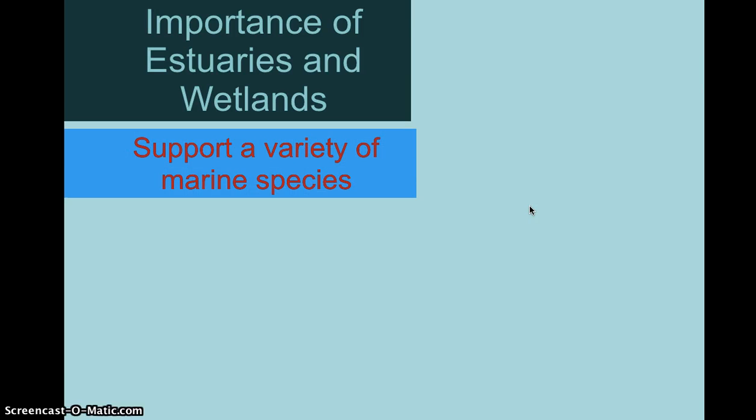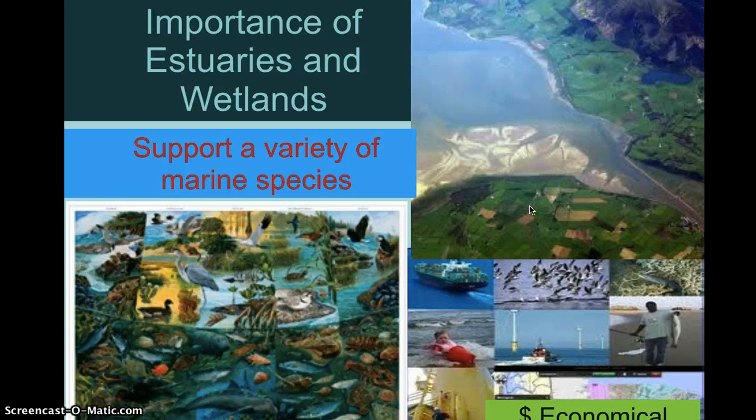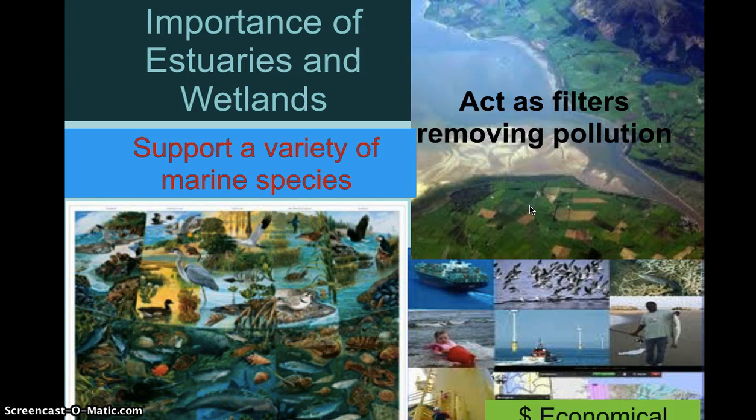So estuaries have specific roles for the environment. Number one, you know that they're second on the diversity list, so they are home to a variety of marine species. They also are known for excellent fishing, so for the economy, estuaries have an economical advantage.